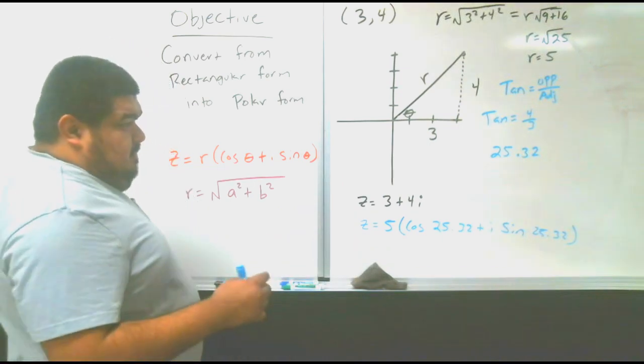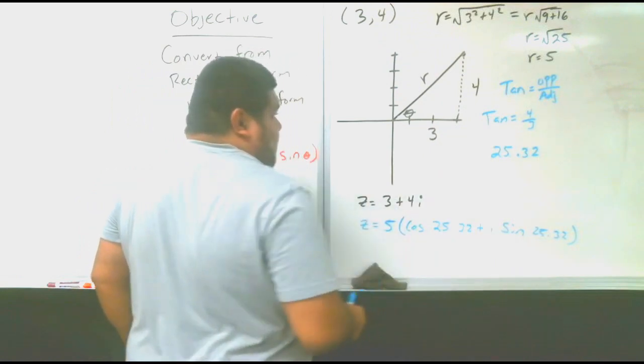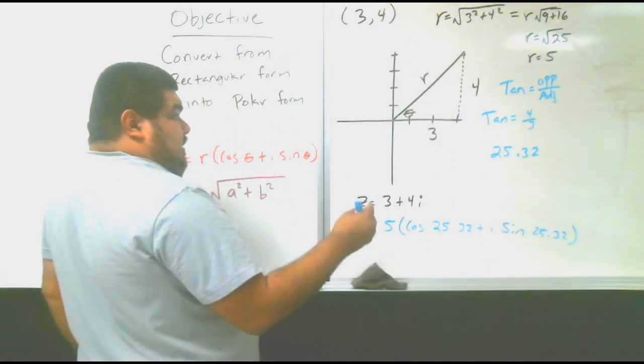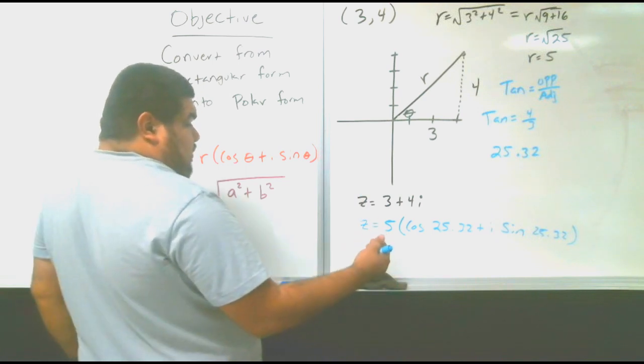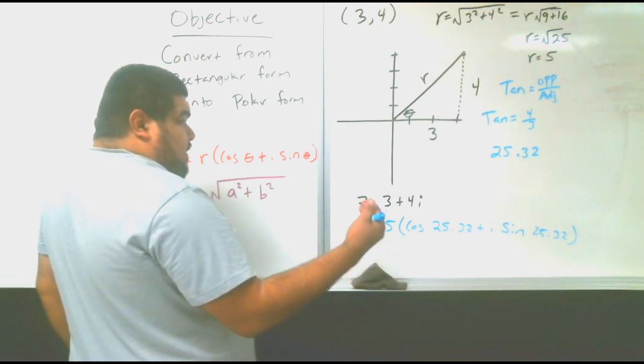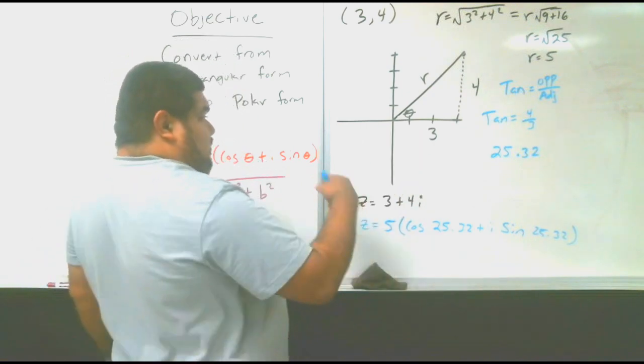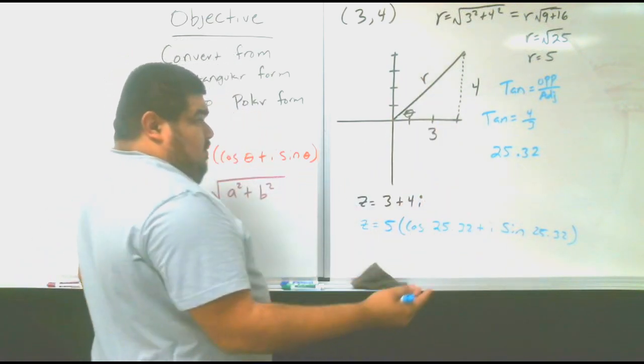Keep in mind, guys, use tangent because we don't know what the radius is. Unless you find the radius, you could have used the radius if you wanted to, but then instead of tangent, you would have to use sine or cosine, depending on what the number was.